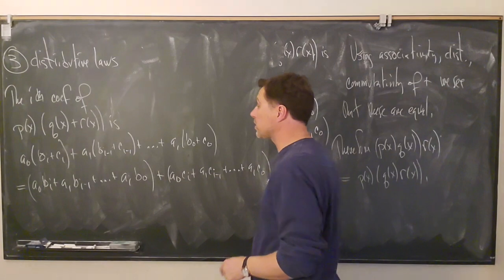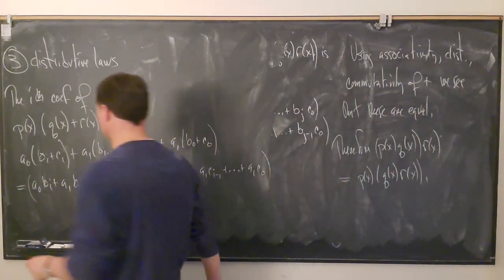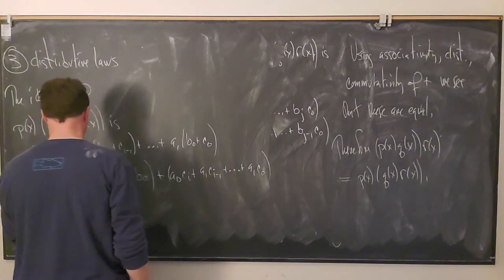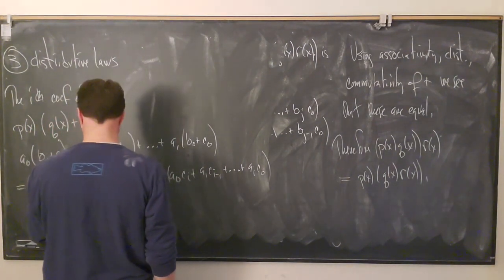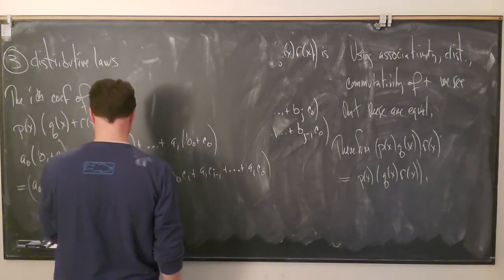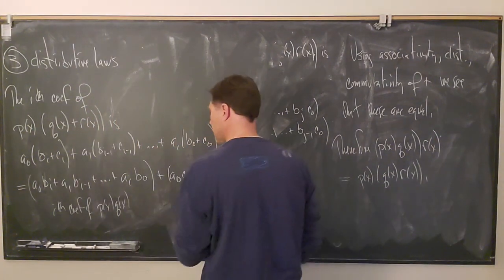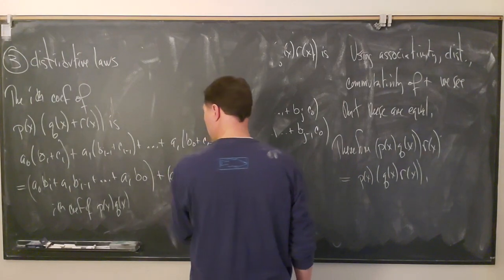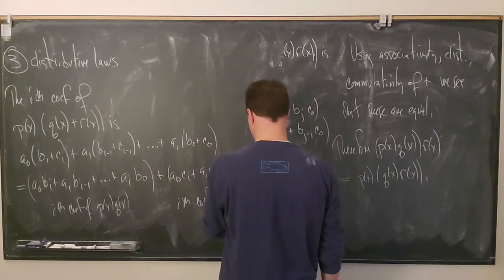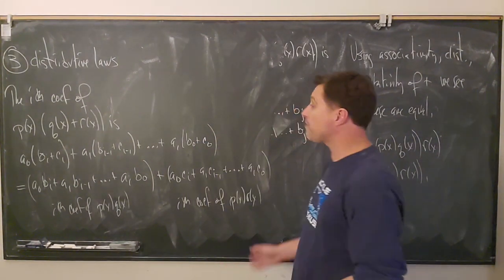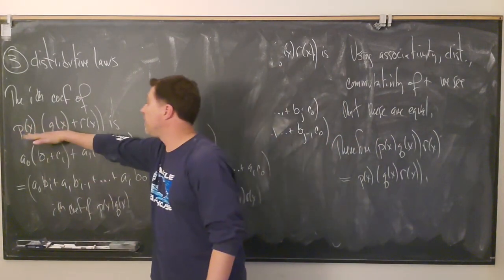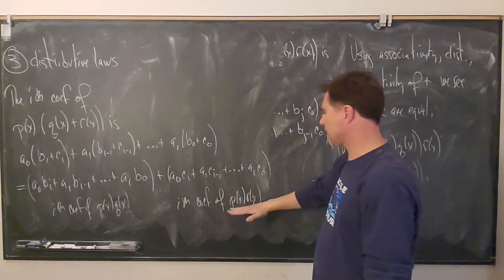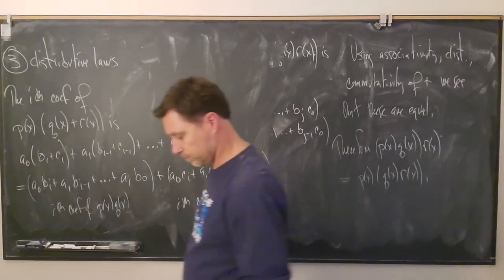And then what you're supposed to notice is that this is the ith coefficient of P(x)Q(x), and this is the ith coefficient of P(x) times R(x). Since the coefficients match, we can then say that this polynomial is equal to this polynomial plus that polynomial.